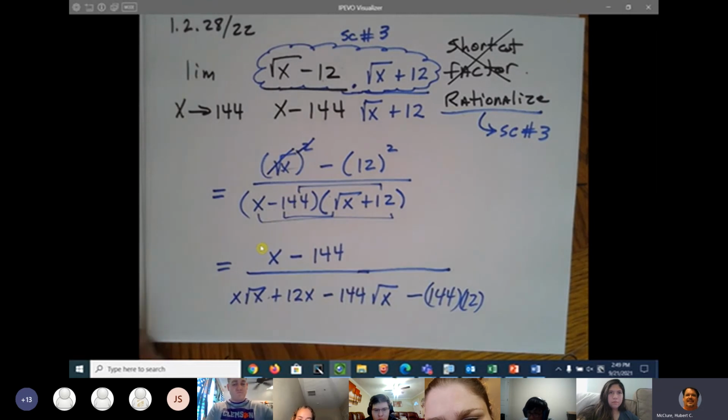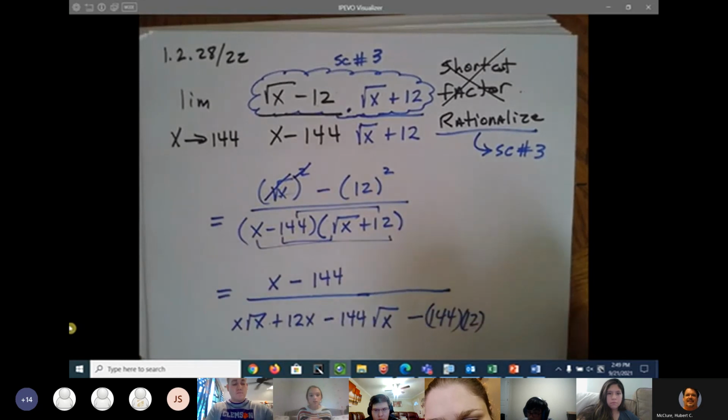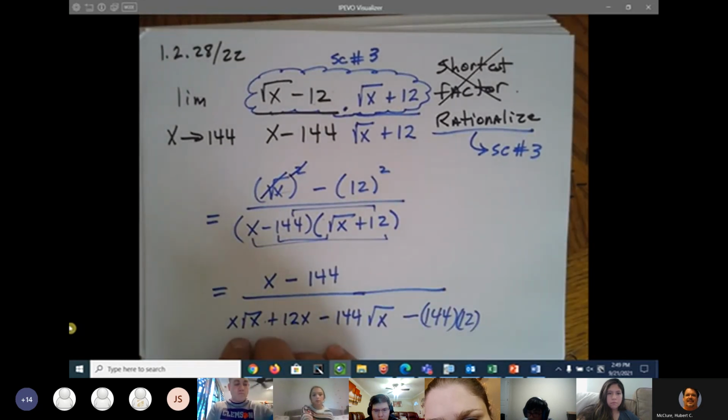I have a question. Yes. Could you, where it says the x minus 144 on top, instead of factoring that out, could you cancel those two, or no? I'm sorry. Say it one more time. Where it's x minus 144 on the top, and then you have it on the bottom in the step before. Could you just cancel those out?